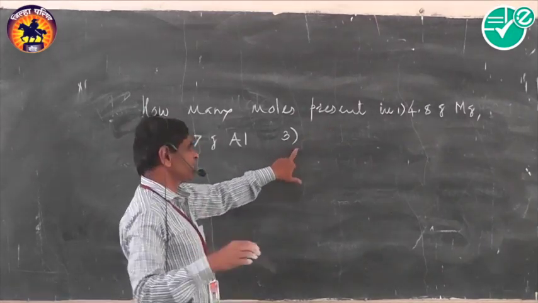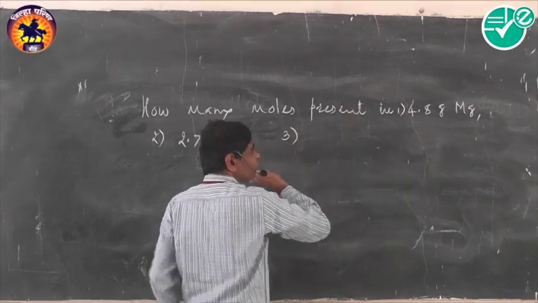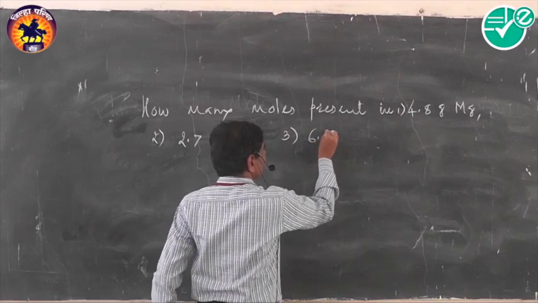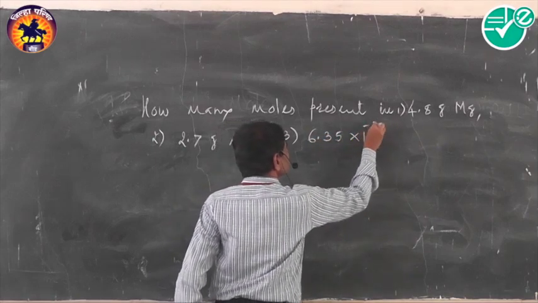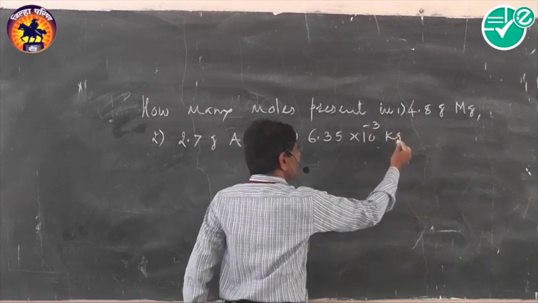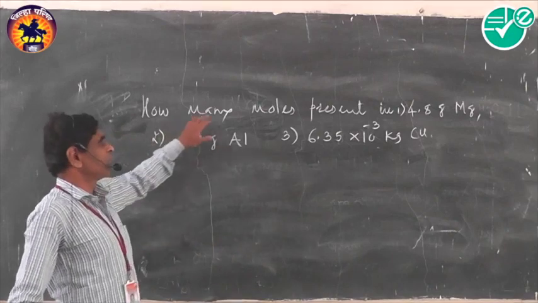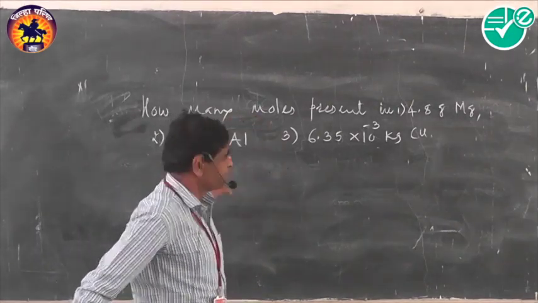Or number 3. Now here mass is expressed in gram. Sometimes mass can also be expressed in terms of kilogram. For example, in case of copper, 6.35 into 10 raised to minus 3 kilogram copper. And so we have to calculate the number of moles present in the given quantity of this element.